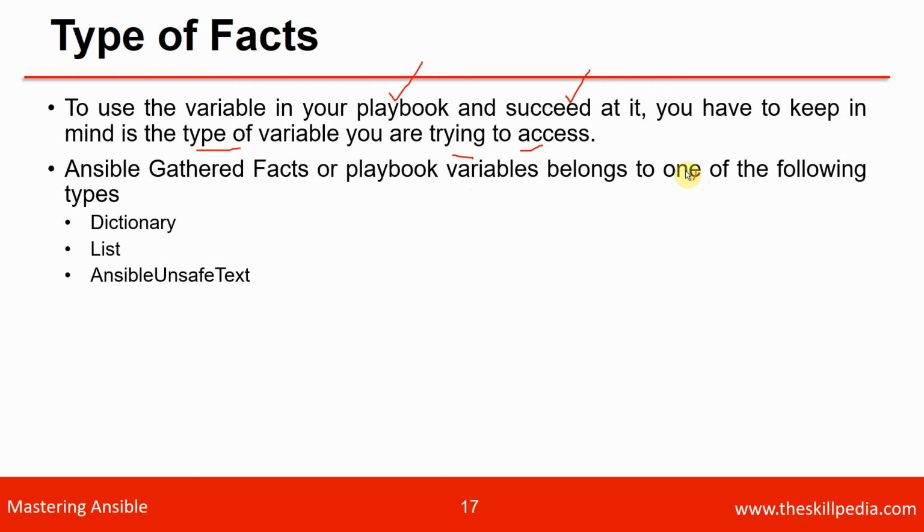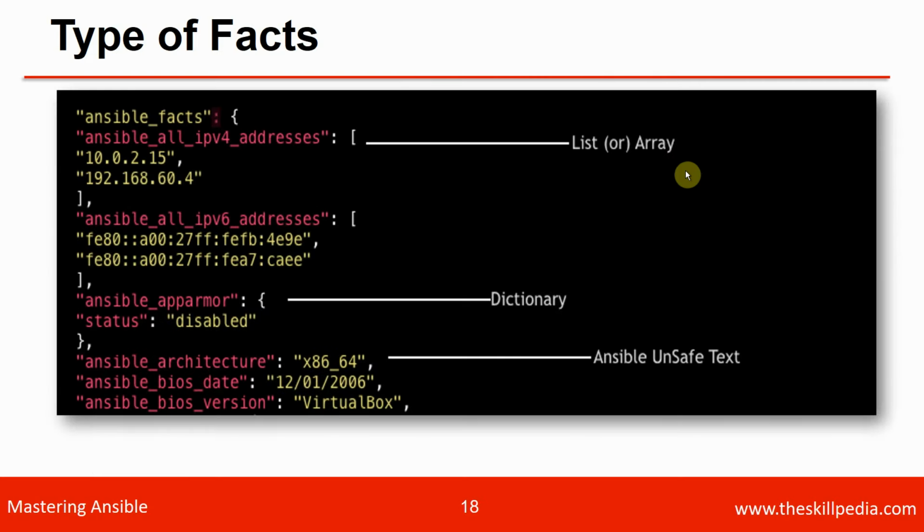So, in order to get the value of the required variable, you have to use the proper syntax. If it is a dictionary, you have to use it in a different way to get the value of a particular dictionary element. If it is a list, you have to use it in a different way. There's a different syntax for all three.